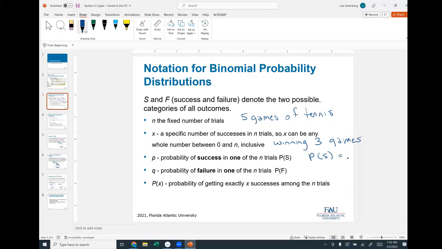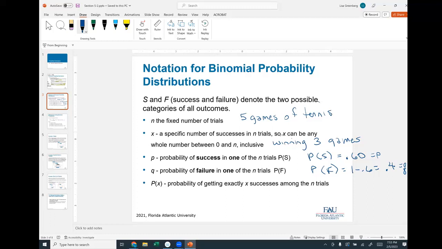So I have a 60% chance or a 0.60 chance of winning. So if I have a 0.6 or a 60% chance of winning, I have a 1 minus 0.6 chance of failing or losing, right? Which is 0.40. So this is equal to p, and this is called q.